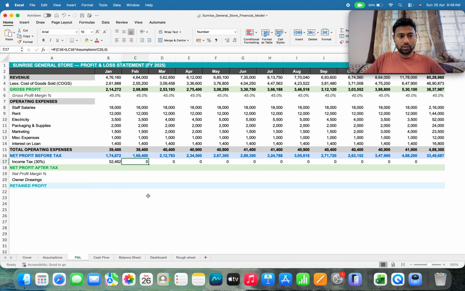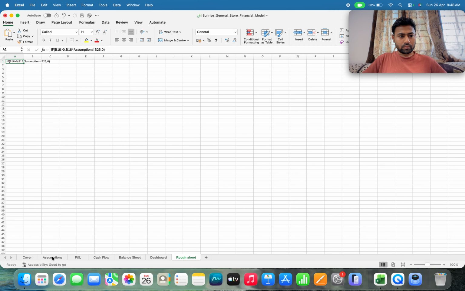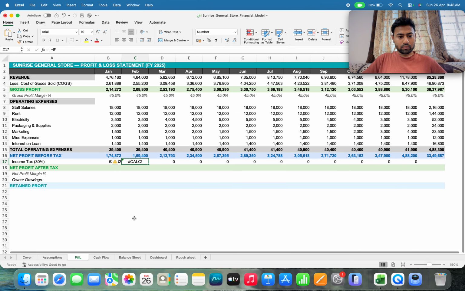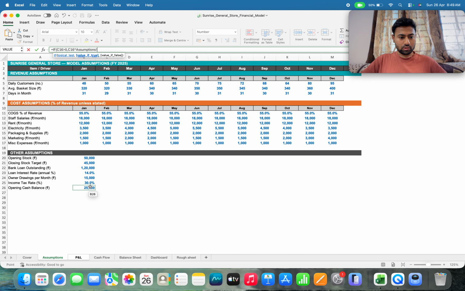Let's put the formula here, equal to IF, 0 comma, again we will take this amount, multiply by the tax rate from the assumption sheet, comma 0 bracket close.